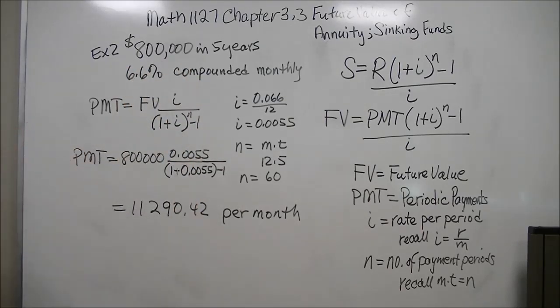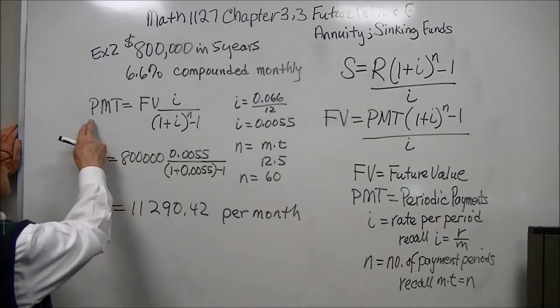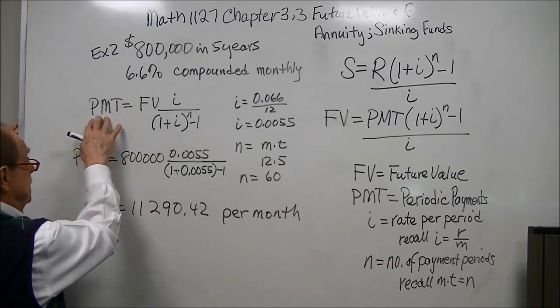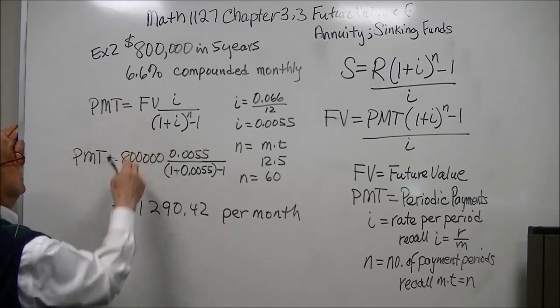$800,000. So we're going to use the sinking fund formula. And that's what I have listed here. So we want to know what our periodic investment would be into our $800,000, our future value.